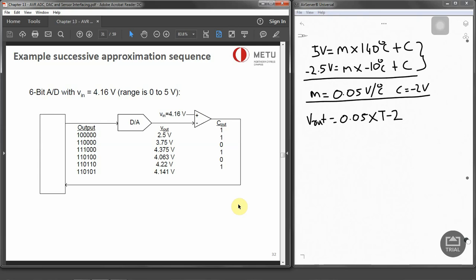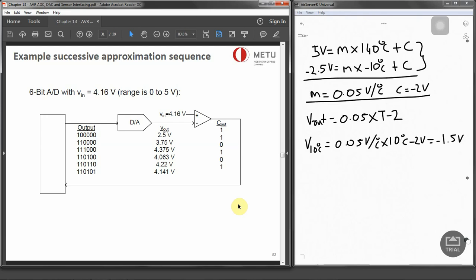In this case, the voltage for 10 degrees is going to be 0.05 volt per degree Celsius times 10 degrees Celsius minus 2 volts, which is equivalent to minus 1.5 volts.